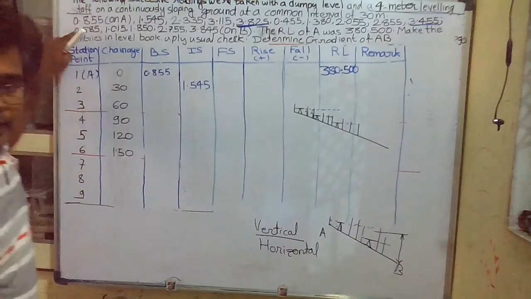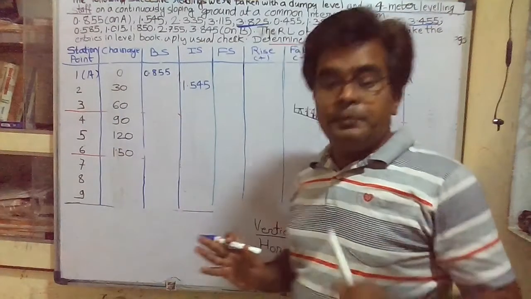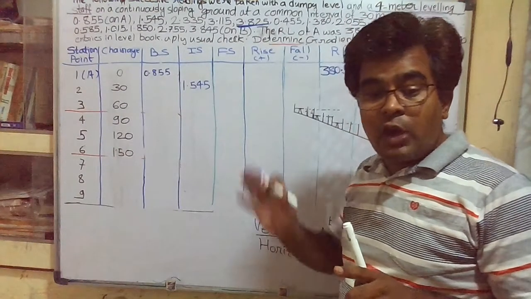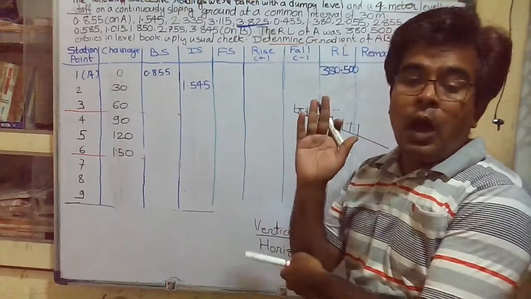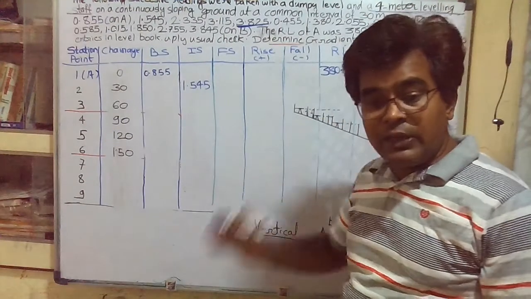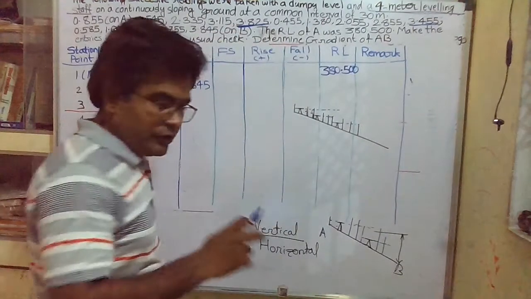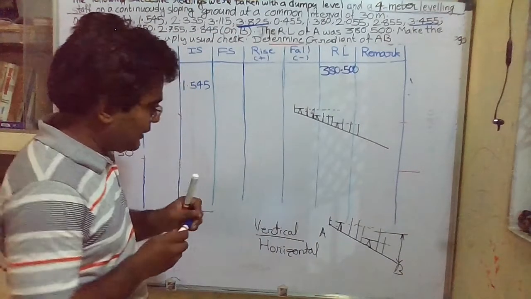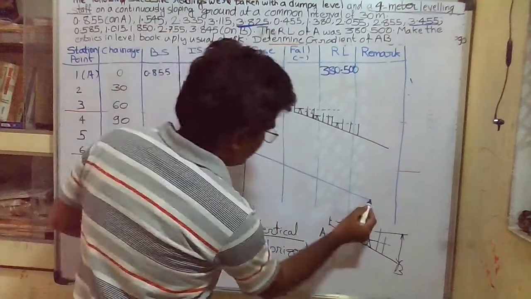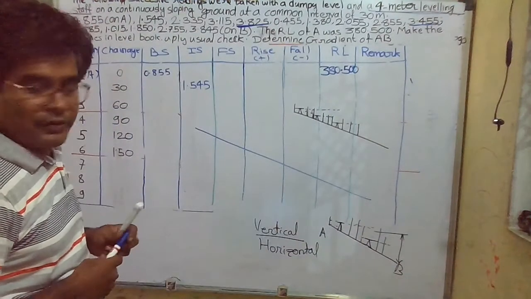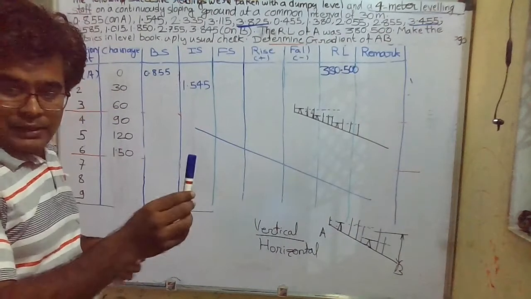Okay, it cannot happen, because what is given in the problem is that the ground is continuously sloping, which means our reading should continuously increase. Suppose this is our staff, this is our staff length, and this is the sloping ground.